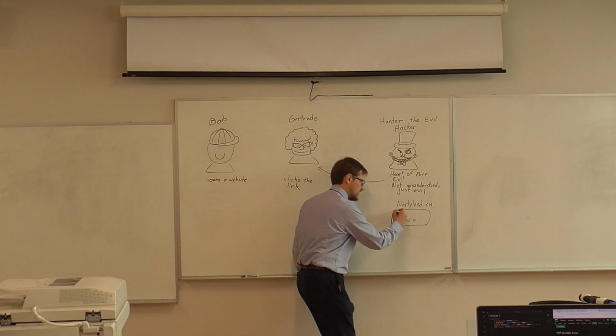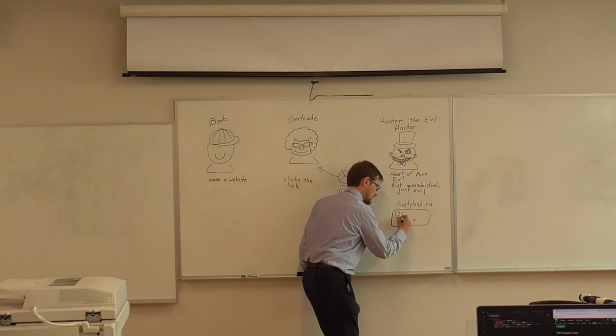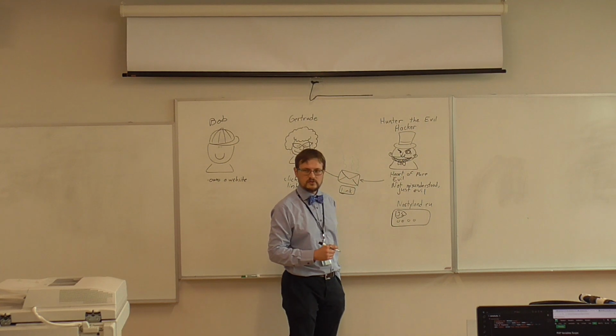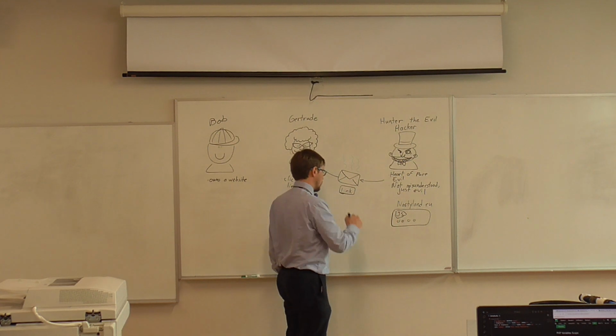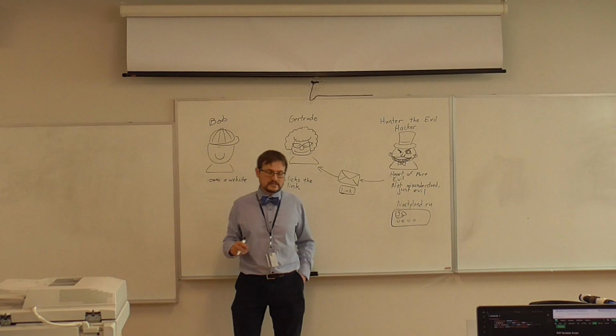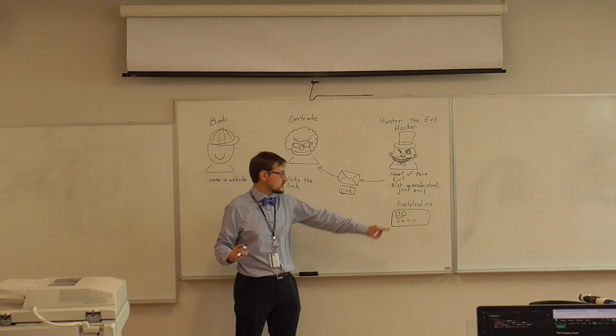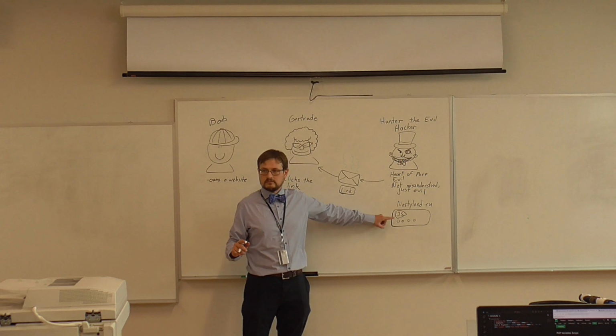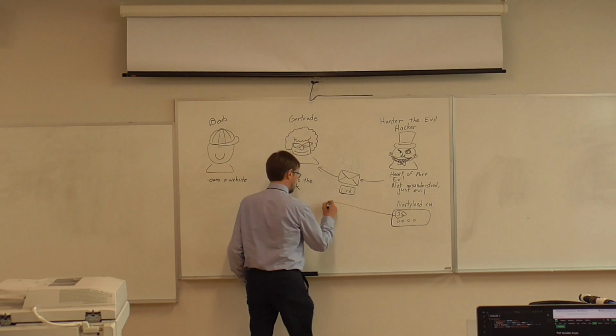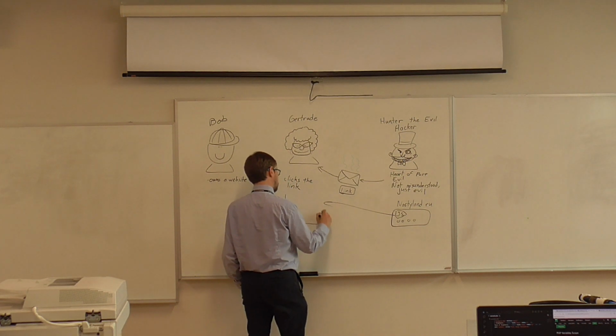There will be a little piece of JavaScript waiting on this server, waiting to be loaded. What this link will do is set the source tag of that JavaScript to this piece of JavaScript here. This one will be loaded into poor old Gertrude's browser.